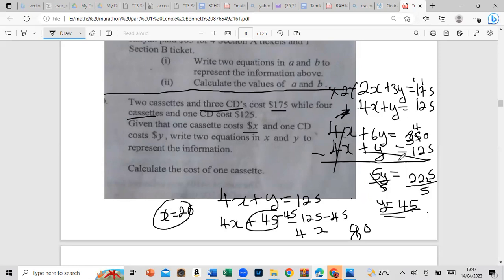Could I do a little rough check? 2 times 20 is 40. 3 times 45 is 135.